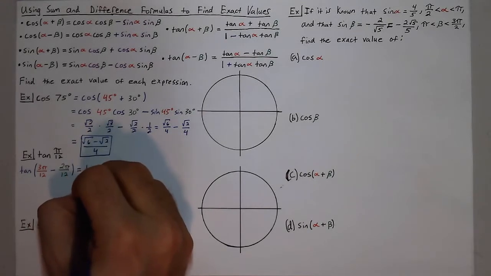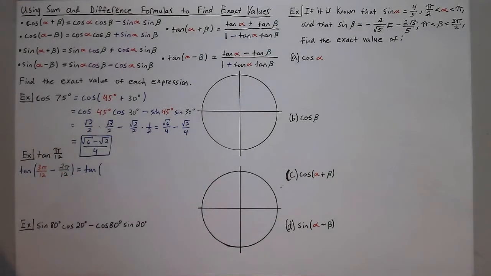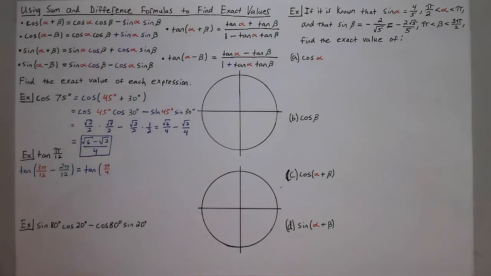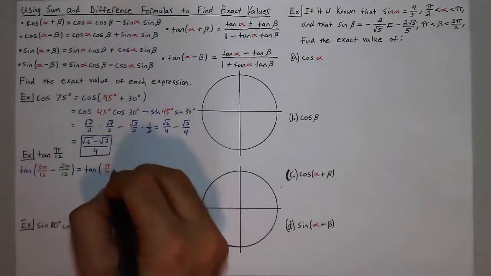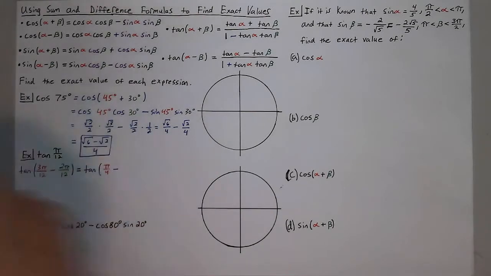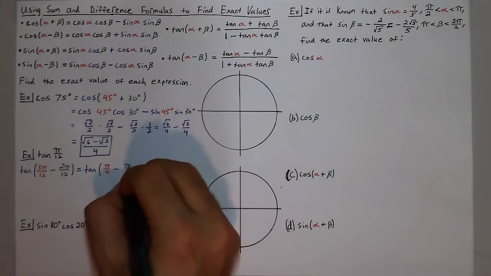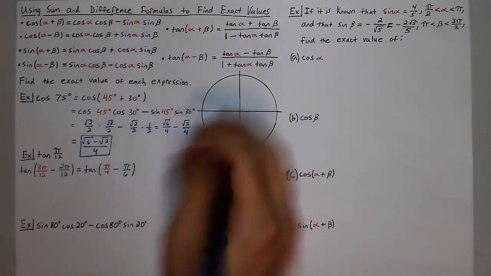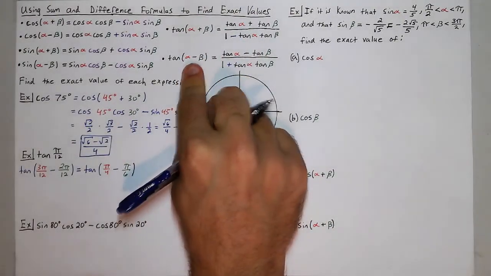So now I have the tangent of pi over 4 minus pi over 6. So now I can use the difference formula for tangent to evaluate this.